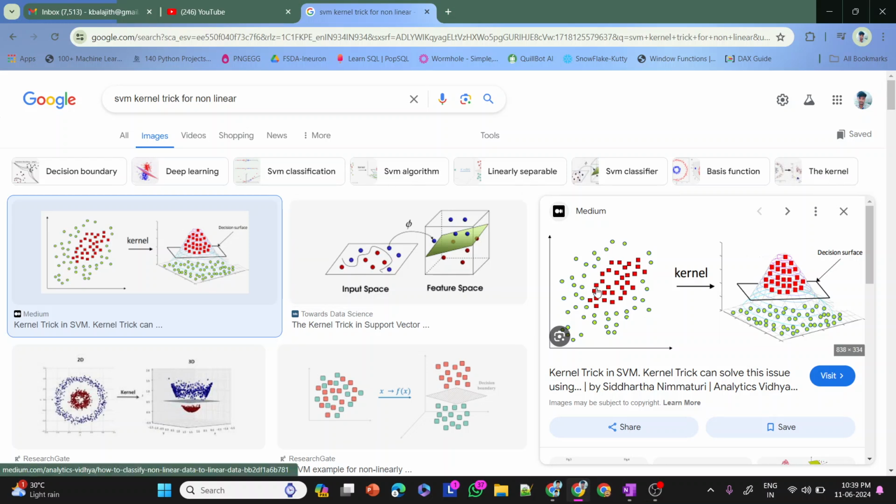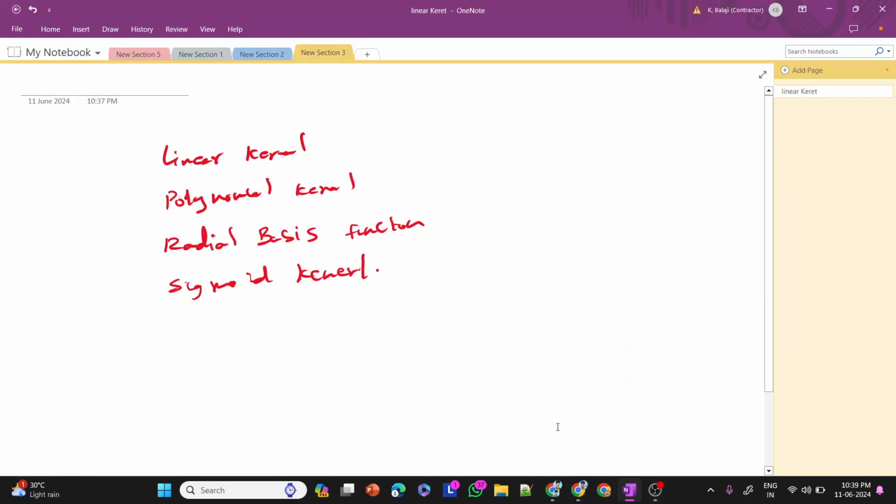We can see here this non-linear data is converted into three dimensions. After that, we will find a hyperplane. This type of kernel is called the Gaussian kernel. And another one is the sigmoid kernel. It behaves like a neural network with one hidden layer. Mostly the sigmoid kernel is not used for the SVM algorithm. It is so rare, so we can leave it.